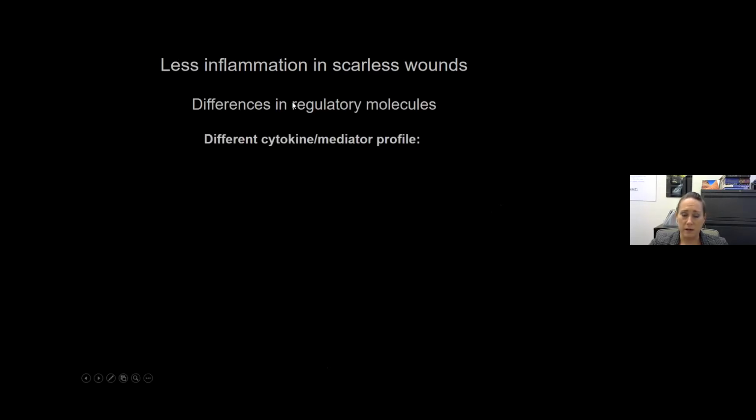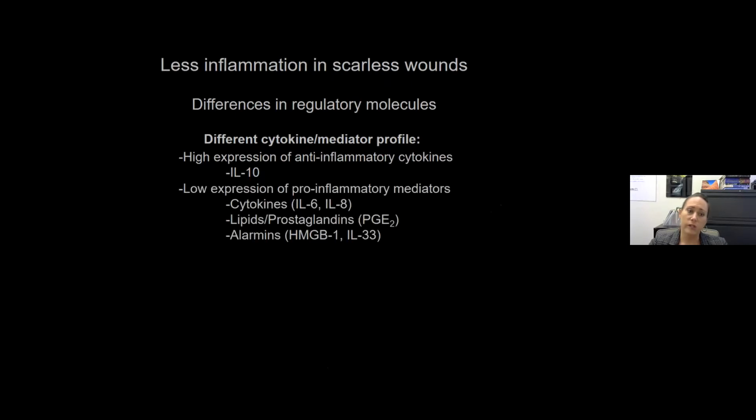This is in part due to differences in regulatory molecules. So those early gestation fetal wounds that heal without a scar have a different cytokine and mediator profile. Studies have shown that there is high expression of anti-inflammatory cytokines like IL-10 in scarless wounds, and low expression of pro-inflammatory mediators, cytokines, lipids, or prostaglandins, as well as alarmins, which are pro-inflammatory mediators that alert the body to damage.